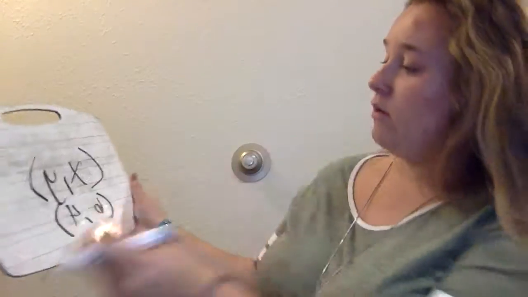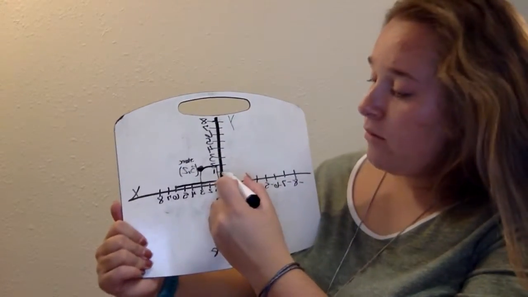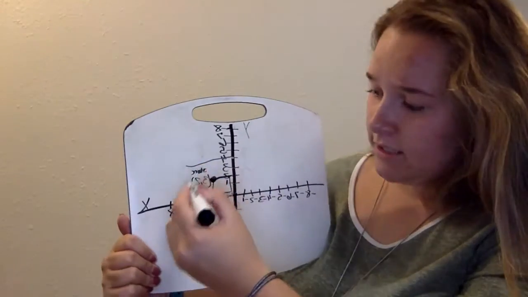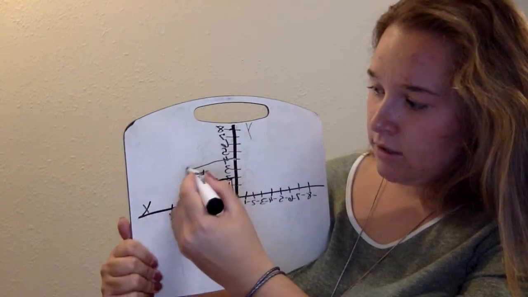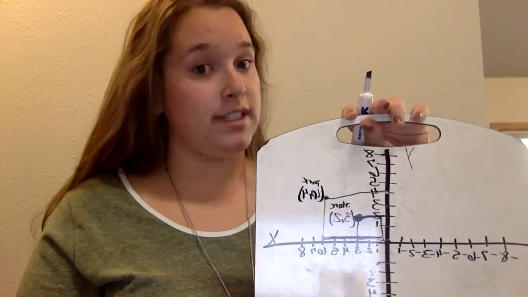Then I'm going to go up 4. 1, 2, 3, 4. We're going to go over to 6 and up to 4, and that's where the park is. Remember, we're starting at our house, and our house is the origin, which is 0, 0.